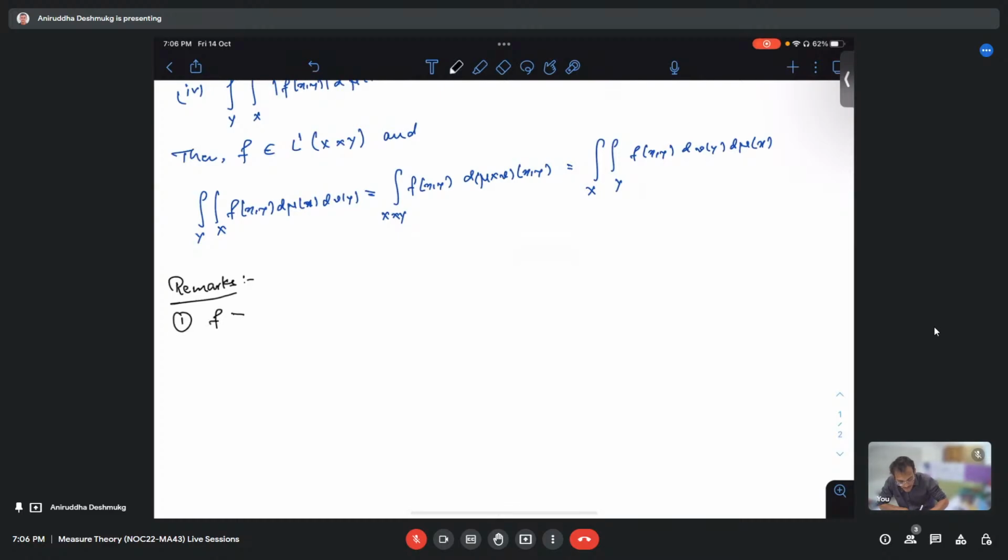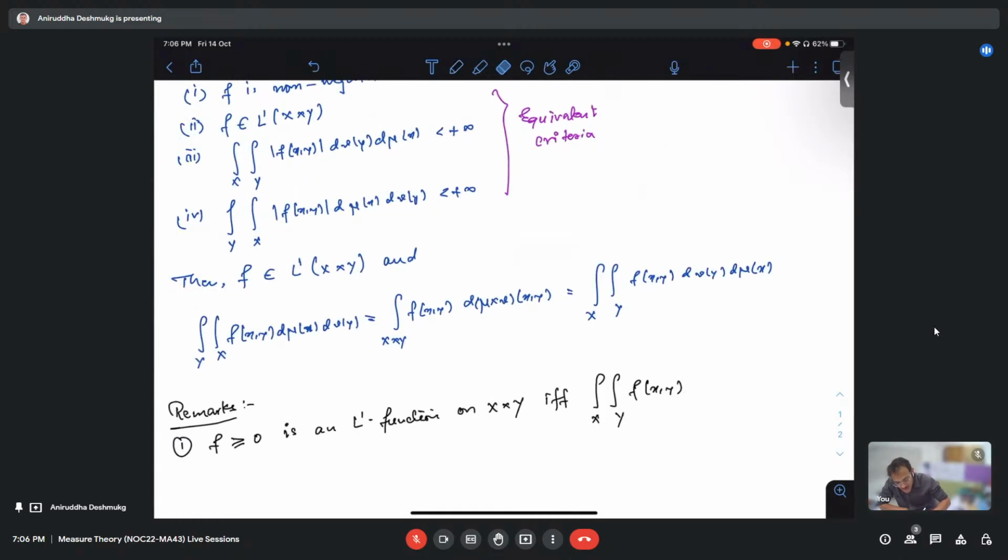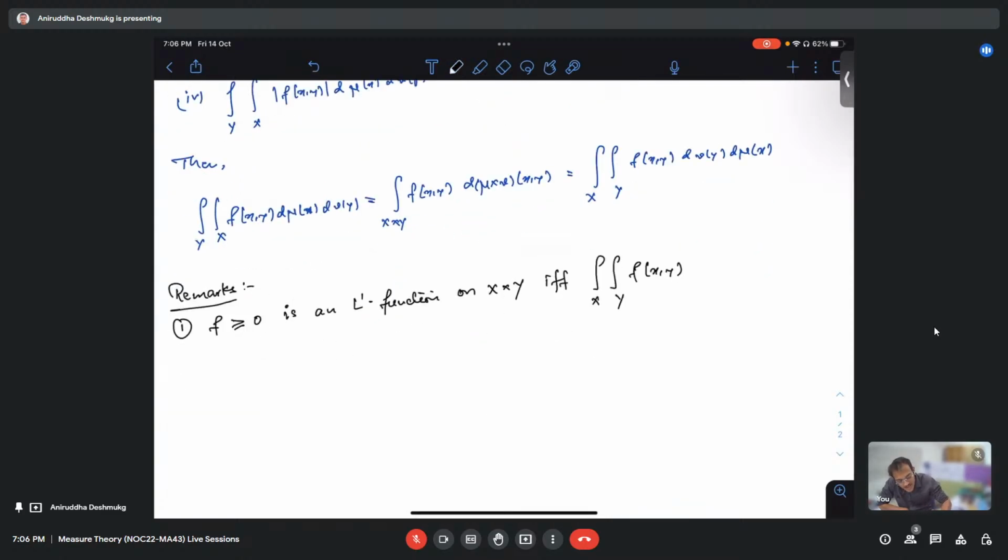One, f non-negative is an L1 function on X cross Y if and only if integral over X, integral over Y of f(x, y) d mu y d mu x is finite, if and only if integral over Y, integral over X of f(x, y) d mu x d mu y is finite.